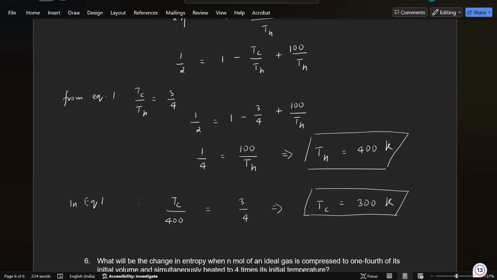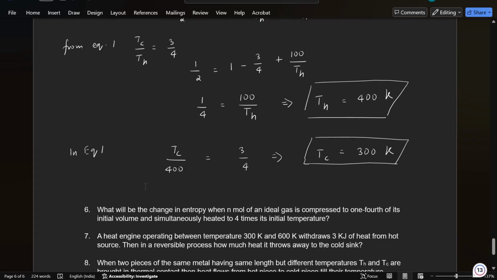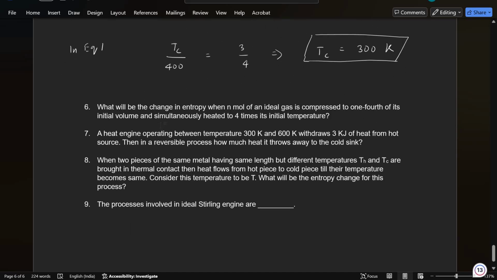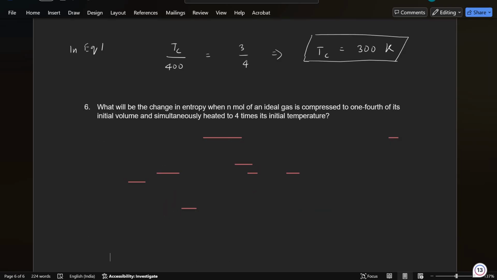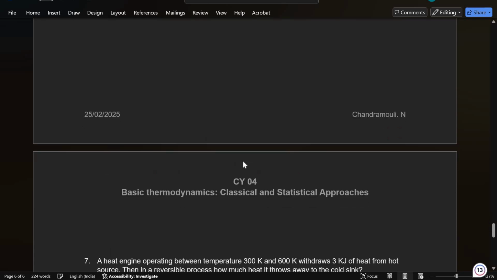Okay. So next, let's see, what is the next question? Oh, this is something that you asked, right? What will be the change in entropy when, in the question, it's 1 mole of an ideal gas? I've just converted it to n moles.